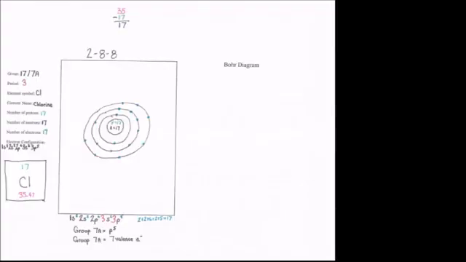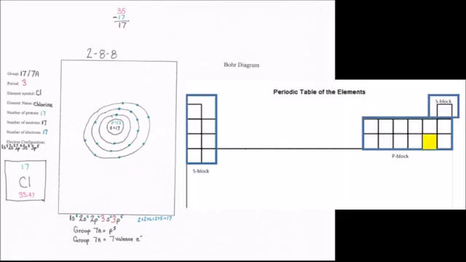Okay, so chlorine is in group 17 or 7A. We are in period 3. Our atomic symbol is Cl. We have 17 protons. If we do the math, we take a look, and we have 35.47 for our atomic mass. We subtract our 17 protons, which gives us 17 neutrons.